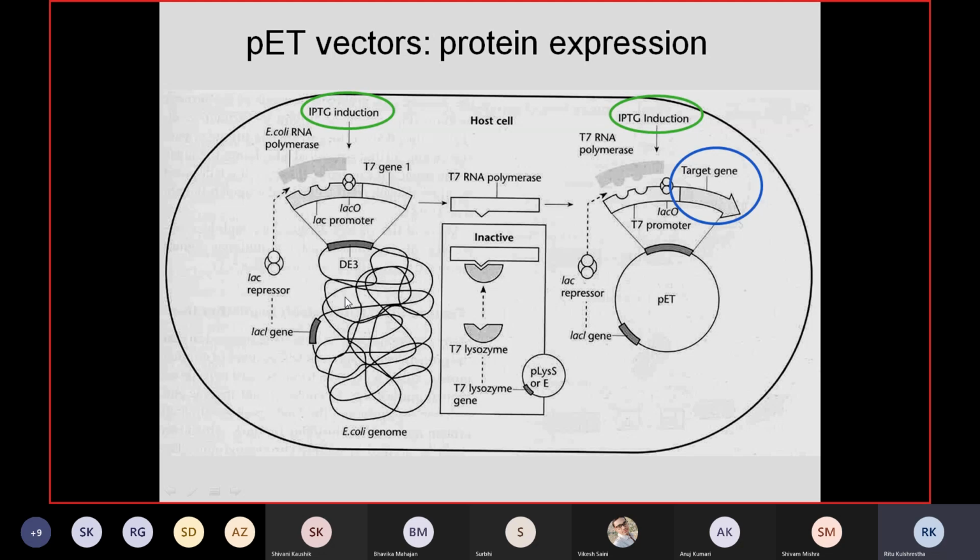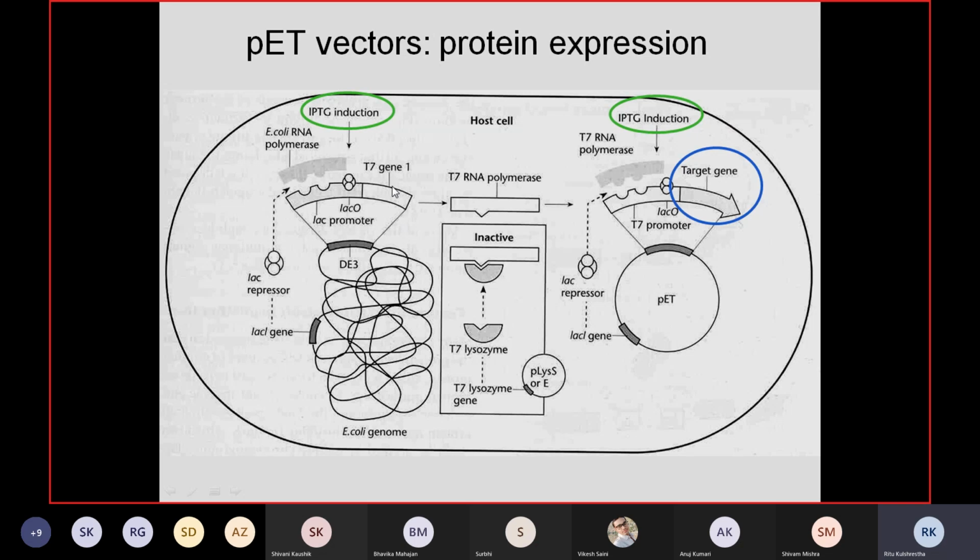So what the engineers have done is that they have introduced that gene into the bacterial genome itself. The host strains that are available for PET expression have this lysogen present in their bacterial genome, which has the T7 gene. It is staying there in the bacterial genome, and this gene, you know, is from phage origin.